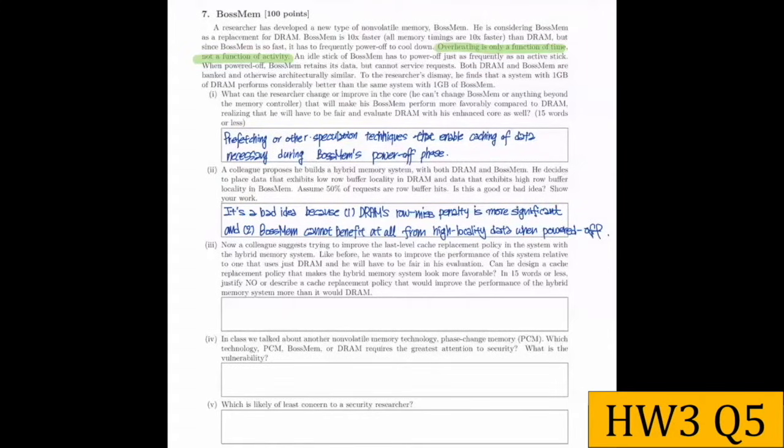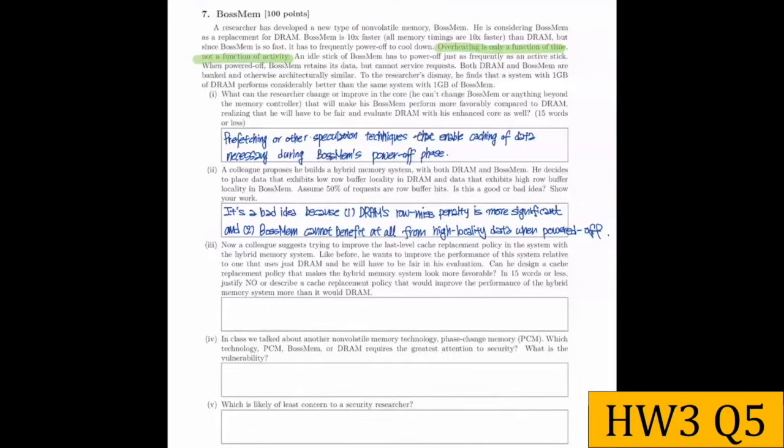So again, this question is also asking for just explaining the idea very briefly, using less than 15 words. Okay. So the main drawback of BOSMEM is purely power off, and we can mitigate the penalty by avoiding accesses to BOSMEM during the power off phase as much as possible.